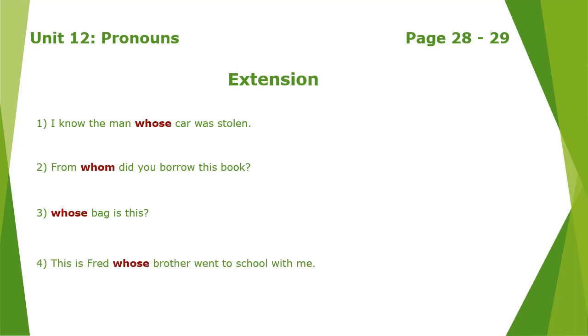In the last sentence, this is Fred, empty space brother went to school with me. And here I will say whose because I want to make the brother I am talking about belong to Fred. I want to make it Fred's. So the brother is Fred's brother. Okay, so this is Fred whose brother went to school with me. So very nice. This is everything about whose and whom.